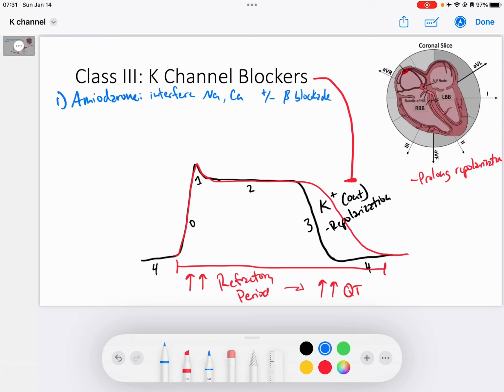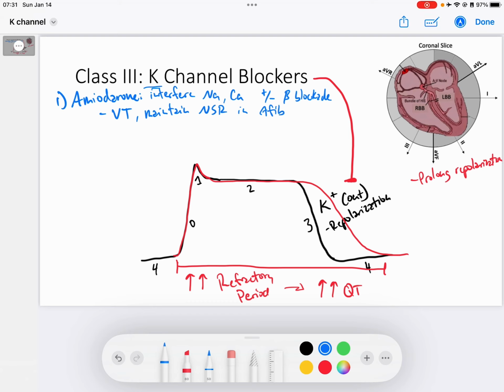It's a funky drug where it does a little bit of everything. And so it also obviously is going to affect our potassium channels because that's what it does as well. This is really helpful in suppression of ventricular tachycardia. It can also maintain a normal sinus rhythm in folks that have AFib.